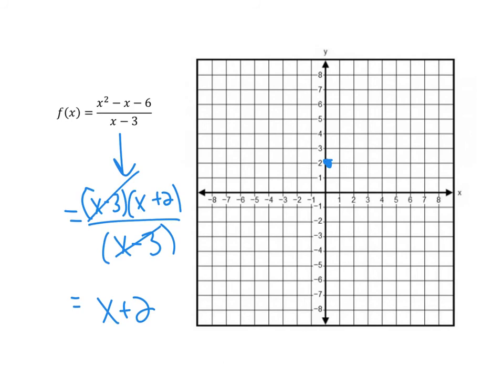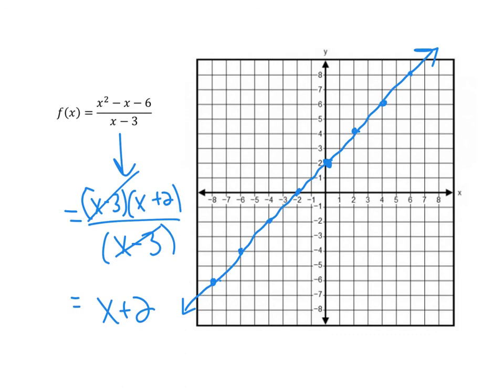So we'd go up 1 over 1, just like this. And we'd end up graphing a line, so we would have a line that looked something like that.